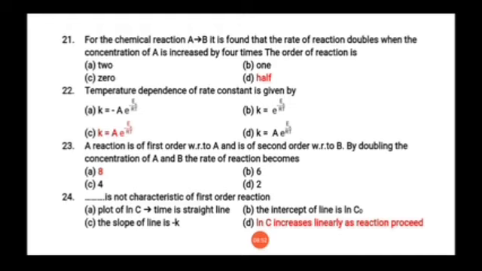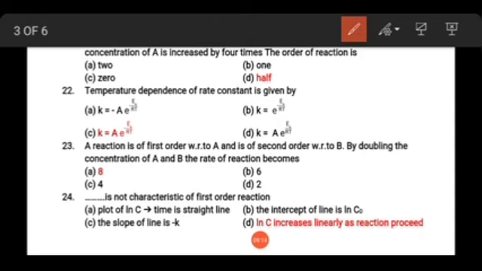Question number 23, that is a reaction is of first order with respect to A and is of second order with respect to B. Now by doubling the concentration of A and B, the rate of reaction becomes. So students, here I am writing this A raised to 1 and B raised to 2.